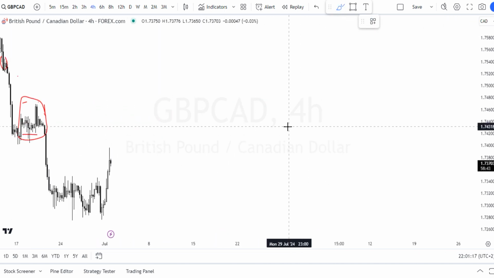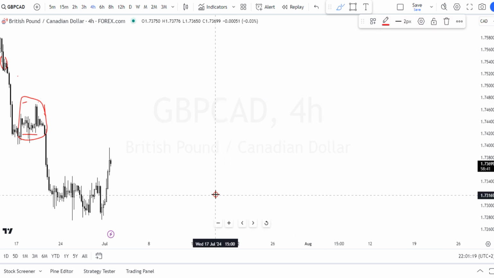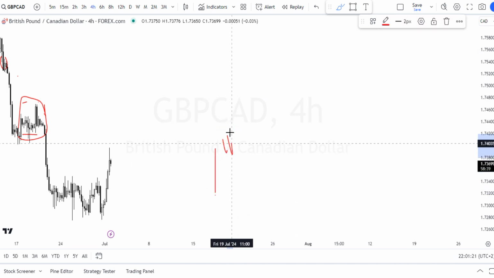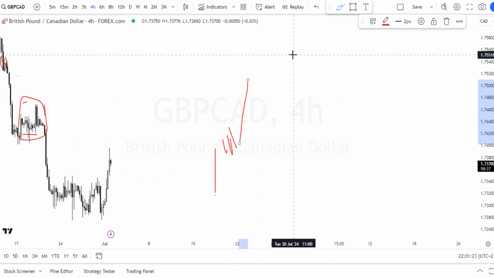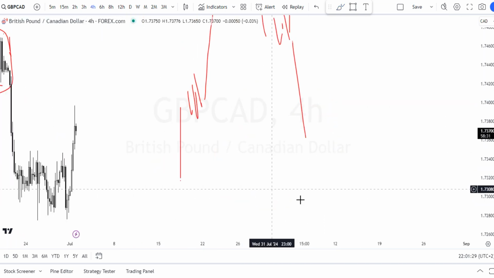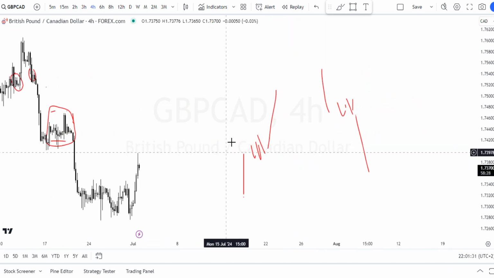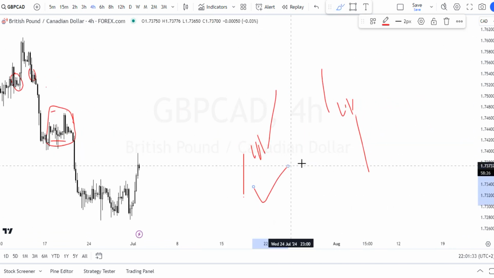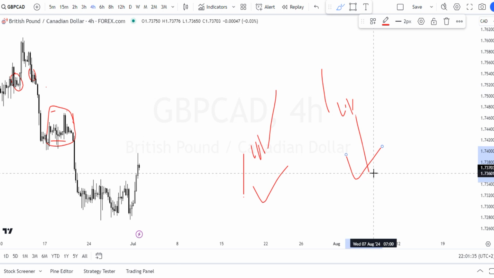One is rally, base, rally, and the other is drop, base, drop. The rally, base, rally formation is for buying, and the drop, base, drop formation is for selling.